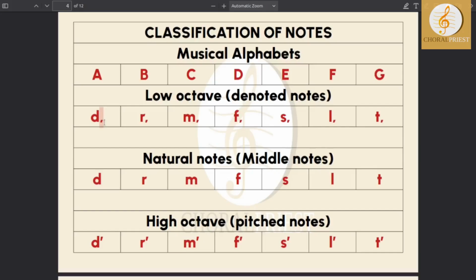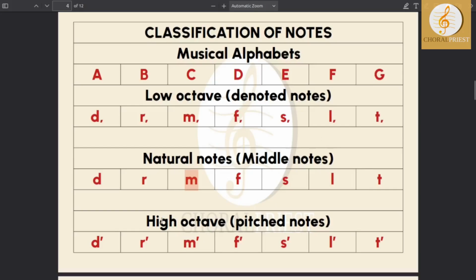This is a denote sign. That means this note has been denoted one octave below the natural note. This denoted sign means it has been denoted one octave below the natural notes continuously until it gets to the last one here.